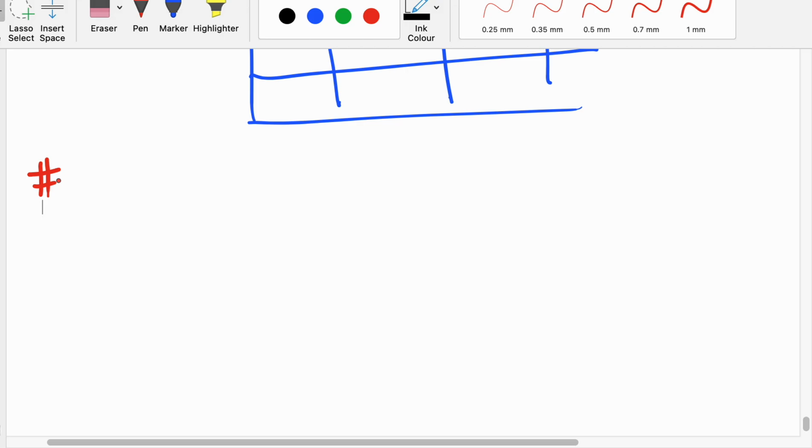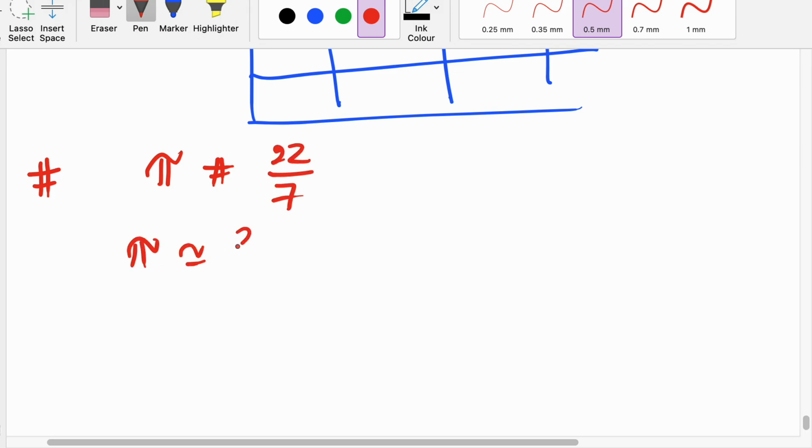You see, we write that pi is not equal to 22/7. It is approximately equal to 22/7. Pi is an irrational number. You can't write it as 22/7. That is very wrong. But you can say that we can approximately write it as 22/7.